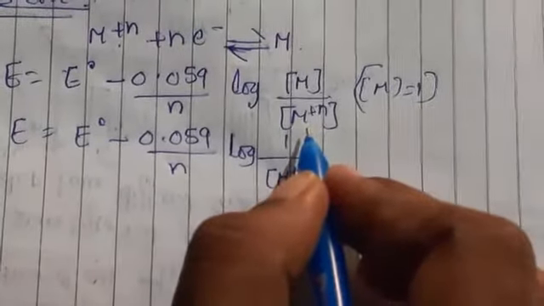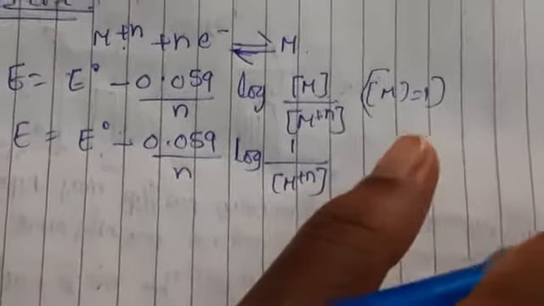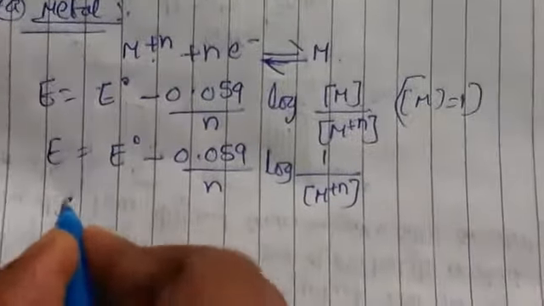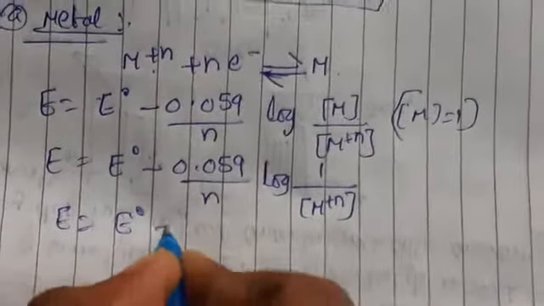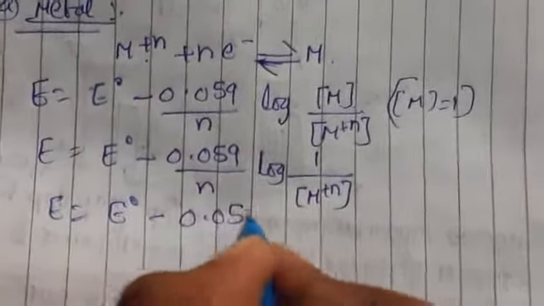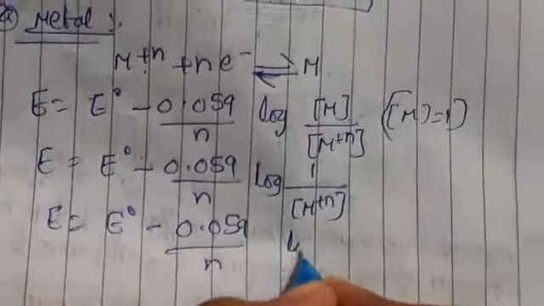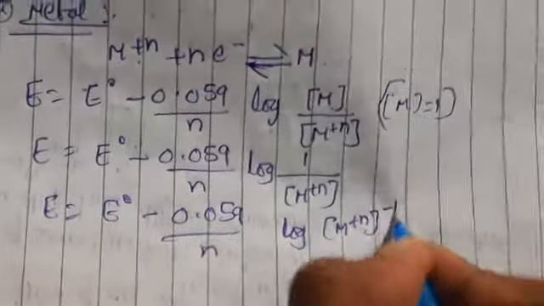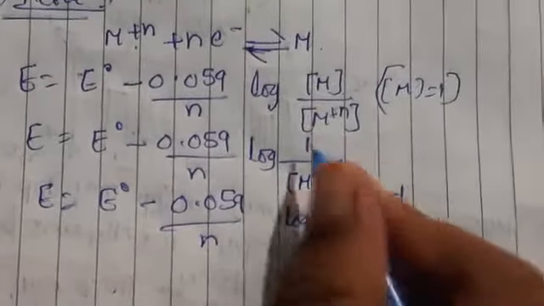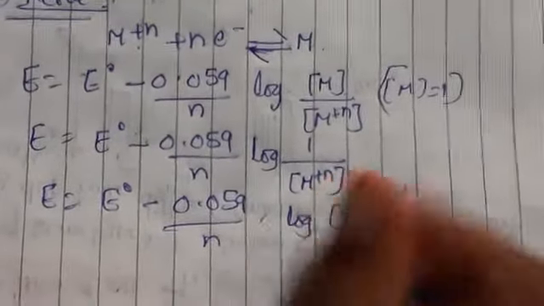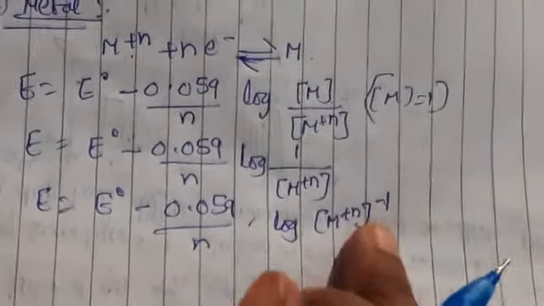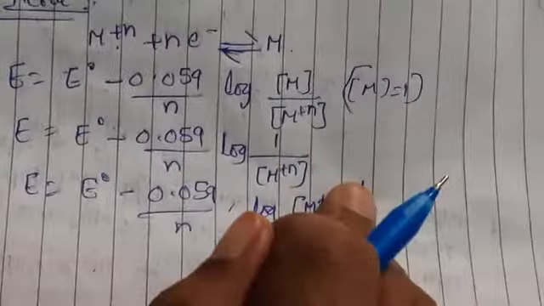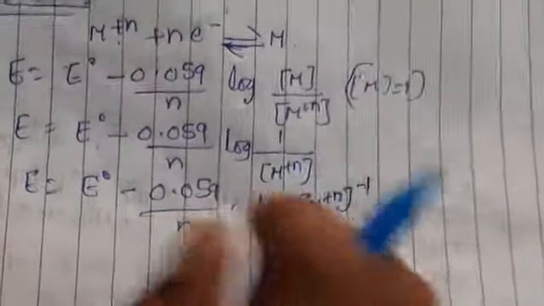If you take the reciprocal, you get 10 to the power minus 1. In the same way, it can be written as E° - (0.059/n) log of the concentration of M^n+ to the inverse, the reciprocal, so this is minus 1. So log A to the power B, the B comes in front of log A.